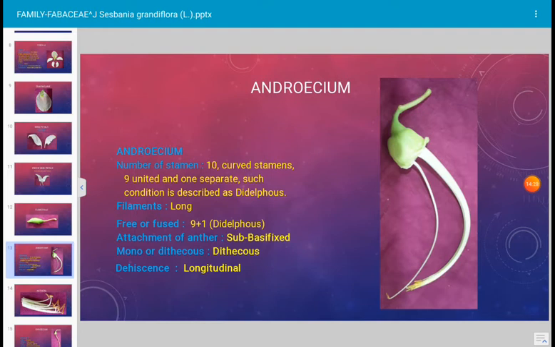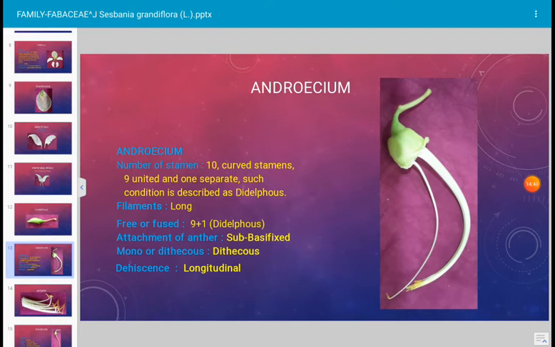The 10 stamens occur in 2 separate bundles. 9 stamens are united to form a bundle, and 1 stamen is separate, which means the other bundle has only 1 stamen. In this way, 2 bundles of stamens are formed in the androecium of Sesbania grandiflora, family Fabaceae.